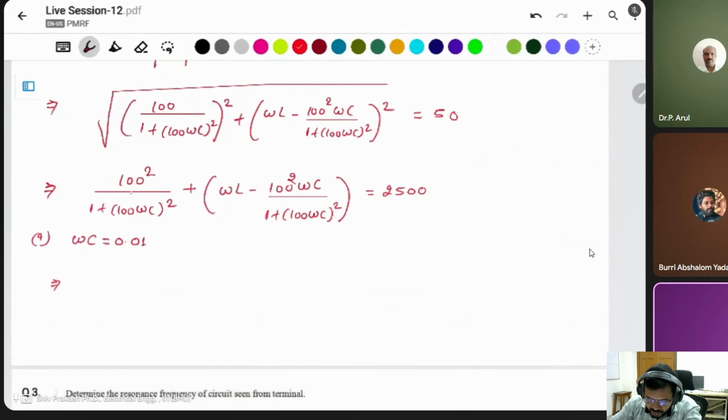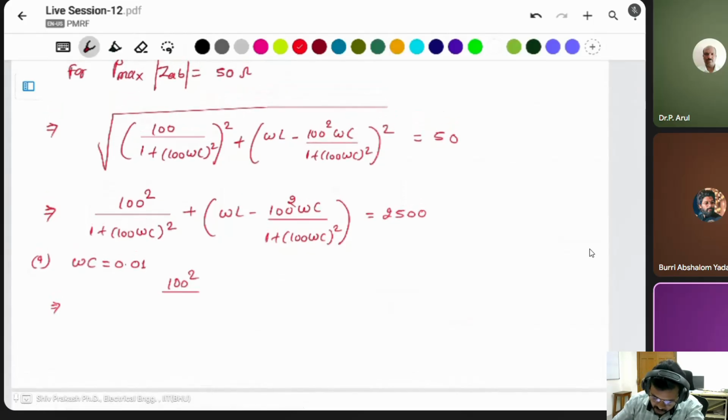This will be 100 square, divided by this one, whole square. That is 100 divided by 2, whole square.